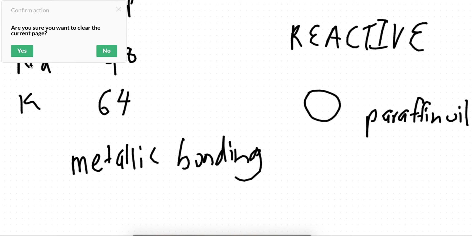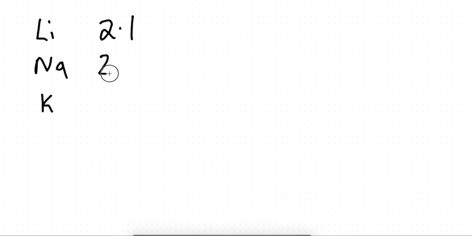Group 1 metals, as I mentioned, are very reactive. And what do I mean by this reactivity? Let's take the 3 elements again: lithium, sodium, potassium, and their electronic configurations: 2.1, 2.8.1, 2.8.8.1. All these 3 elements have 1 valence electron.